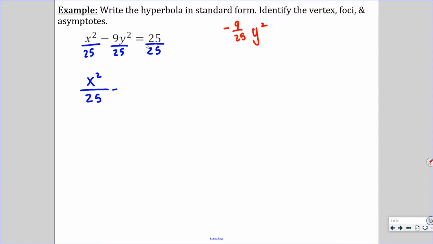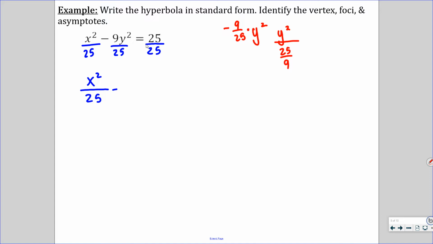I still want a number in my denominator, and only y squared in my numerator. So instead of multiplying by this number, I'm going to divide by the reciprocal, 25 over 9. That's the same math. Dividing by a fraction is the same as multiplying by a reciprocal.